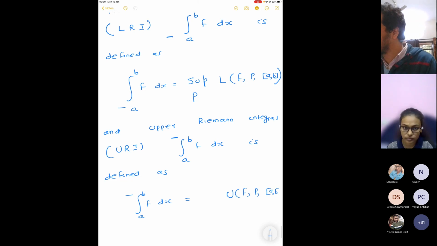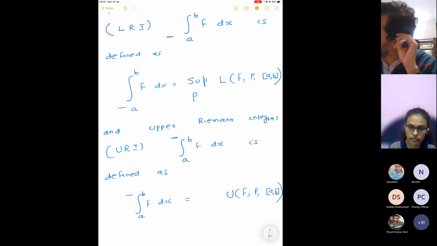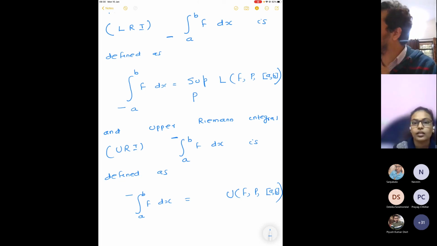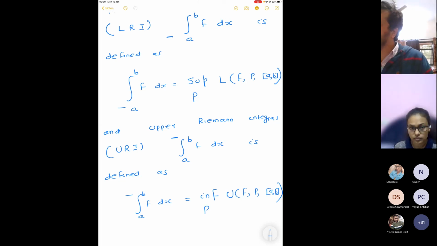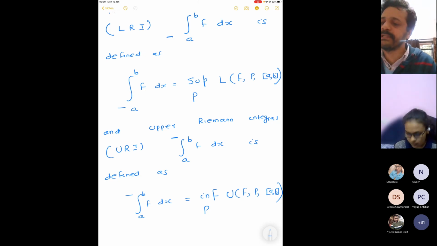You approximate the area under the curve by the area of rectangles from above and then make it lesser and lesser. So that is the infimum, taken over all partitions. I should say explicitly that the infimum and supremum are taken over all possible partitions.